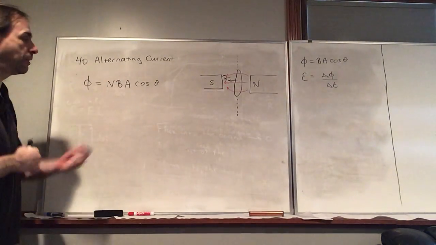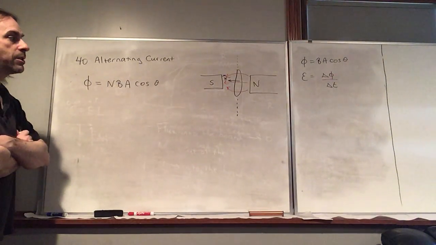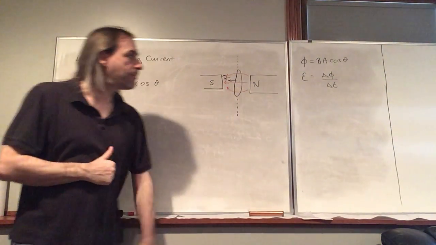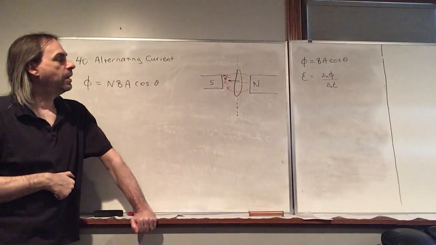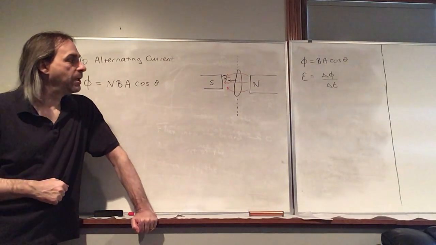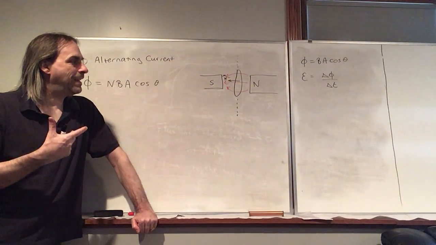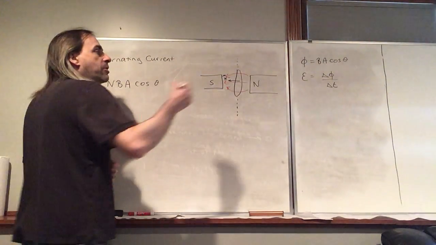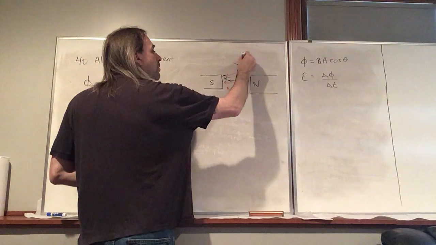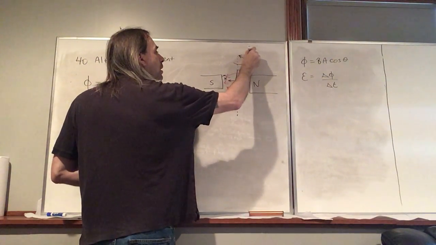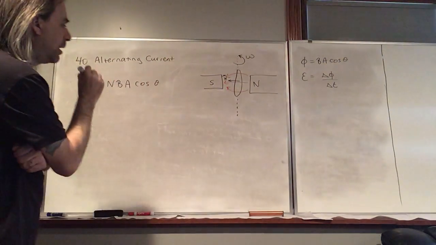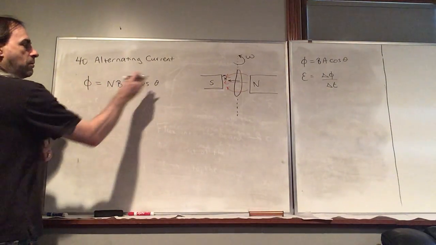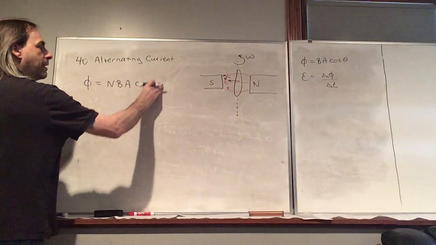And so obviously there's a changing flux going on here, which is going to create an EMF by Faraday's law and drive a current. So let's look at what the EMF would look like. Let's say we take this coil and we rotate it with an angular frequency omega. And so in general, let's say that theta is omega t.